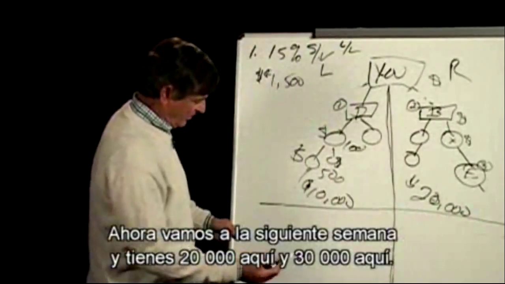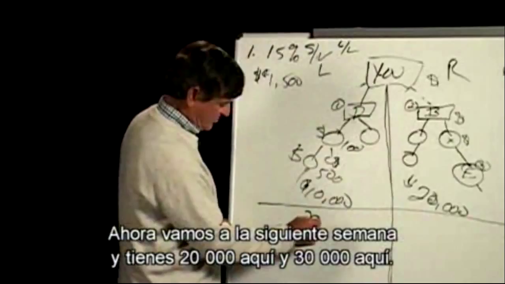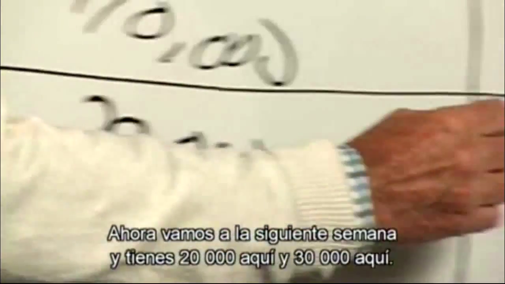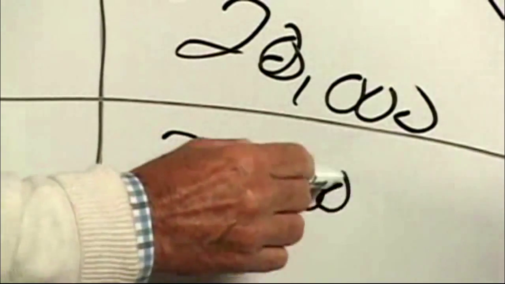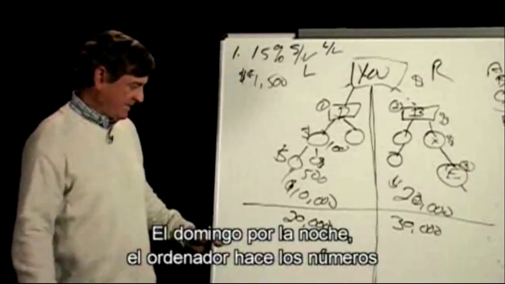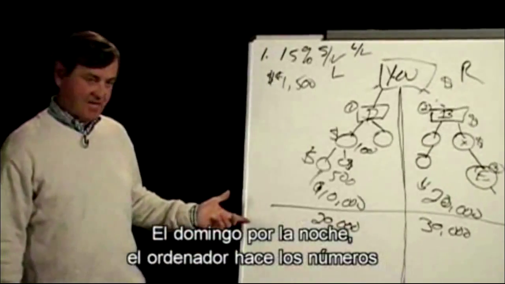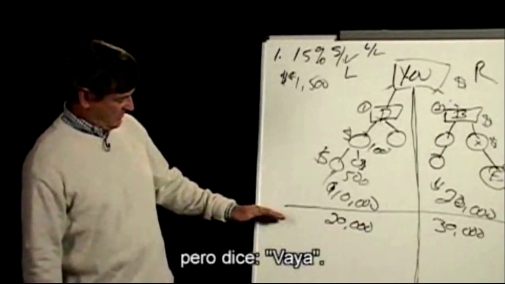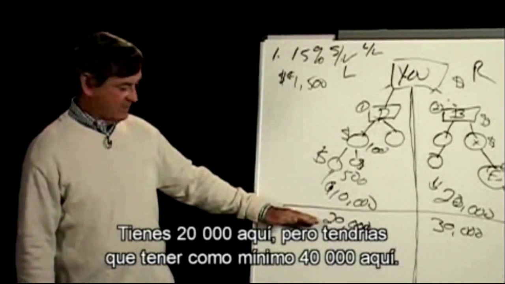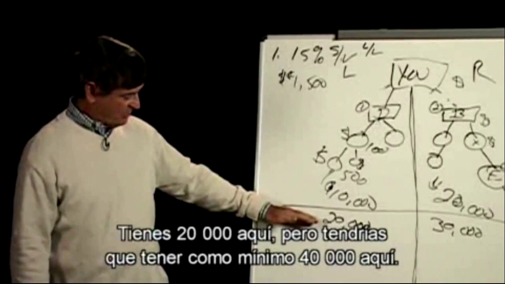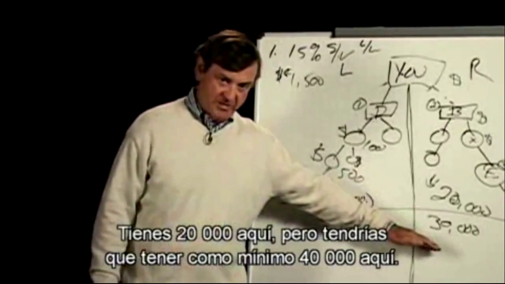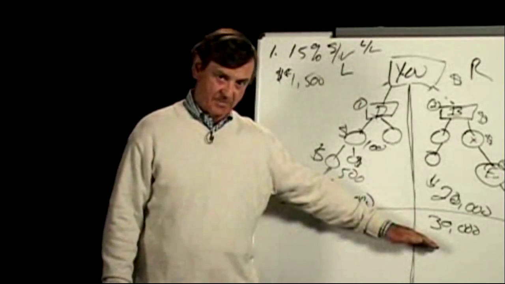So now we're going to go to the next week, and you had 20,000 here, and you had 30,000 here. Well, Sunday night, the computer adds it up, it does the math, but it says, whoa, you've got 20,000 here, but to be in strict compliance, you'd have to have 40,000 here, okay?